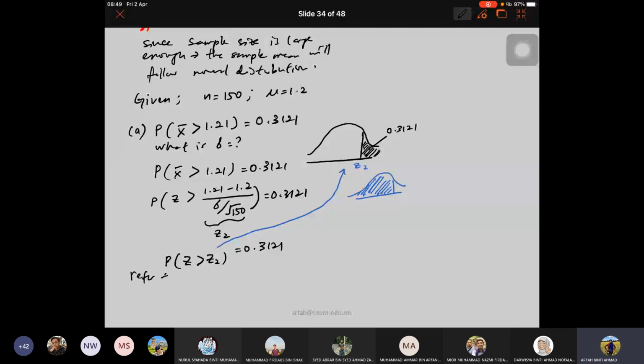Refer to standard normal table. Okay. So you akan dapat probability of Z less than Z2 sama dengan 1 tolak 0.3121. So akan dapat 1 tolak 0.3121 sama dengan 0.6879. So cari dekat dalam table 0.6879. Apakah nilainya?